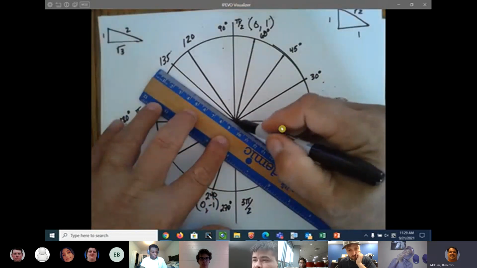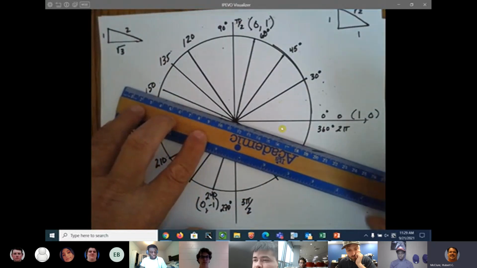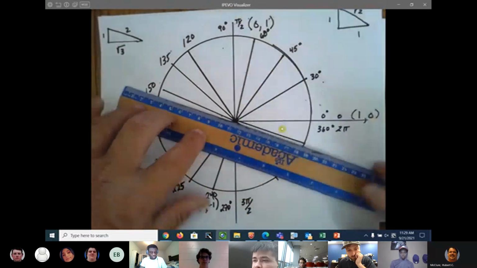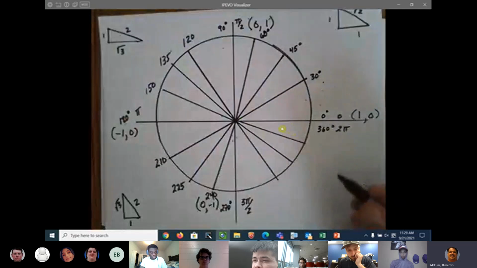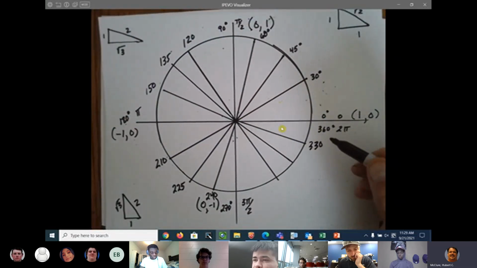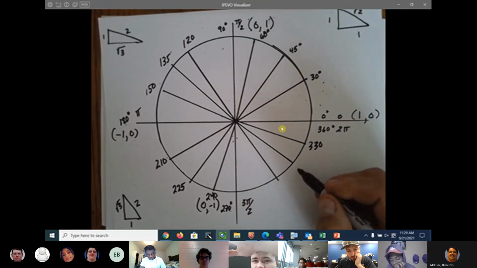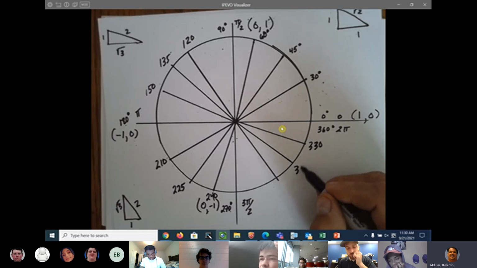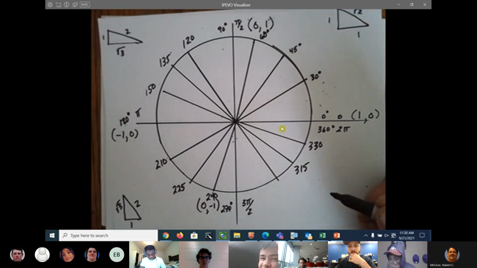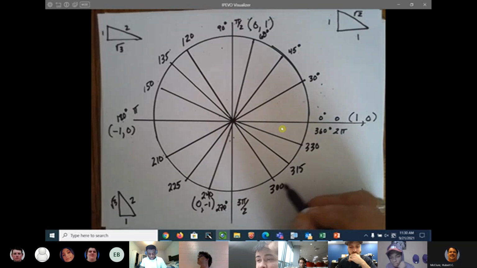And just use your imagination because my unit circle is a little bit off. And that's going to be 330. And 270 plus 45 is going to be what? 315. And then 270 plus 30 is 300.